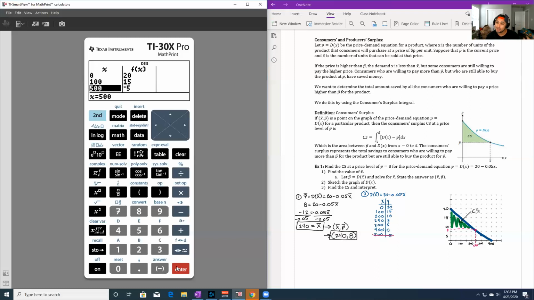Now 3, set up the consumer surplus integral. Let's move on. So 3.